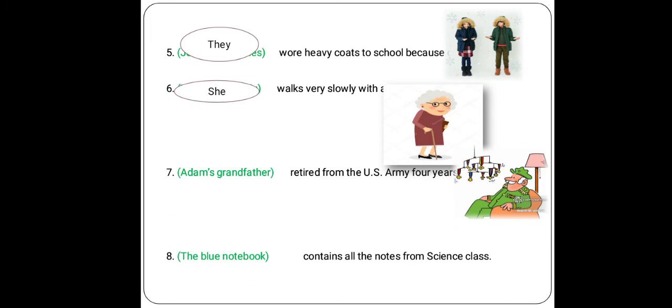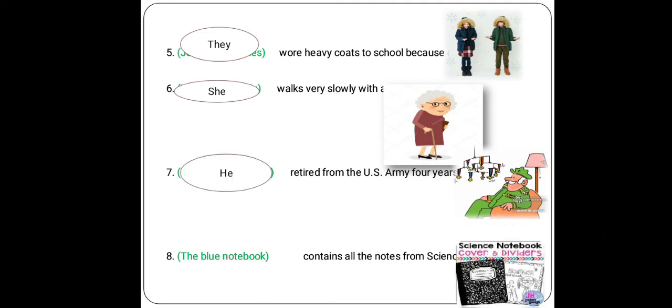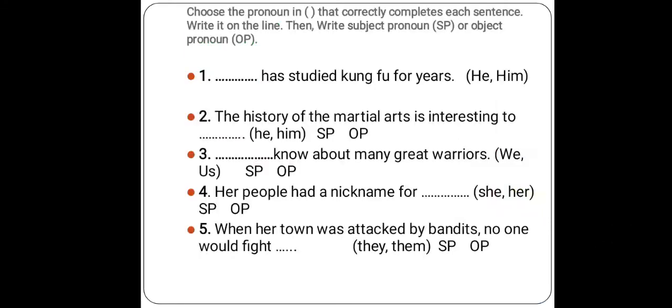The blue notebook contains all the notes from science class. So this is the notebook. In the picture it's black or green, I think it's black, but here in the sentence it's the blue notebook. So it contains all the notes from science class. The blue notebook becomes it.